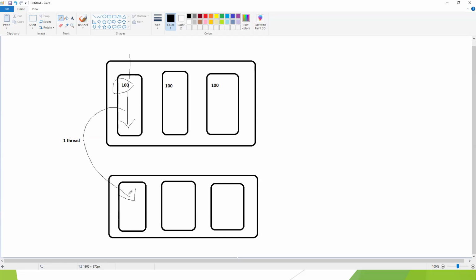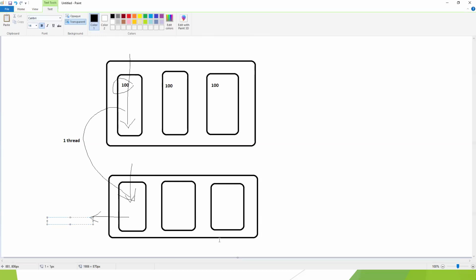All 100 threads would go ahead and wait on the Windows operating system, and it doesn't know which thread has to execute when. So the Windows operating system has a mechanism called preemptive.